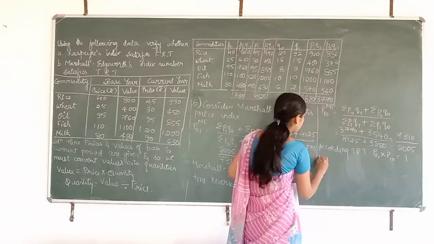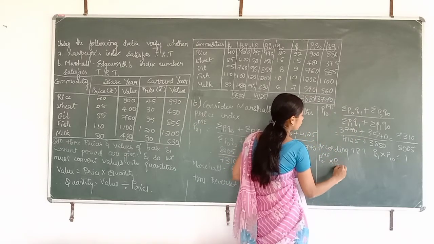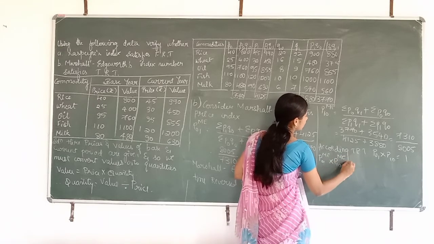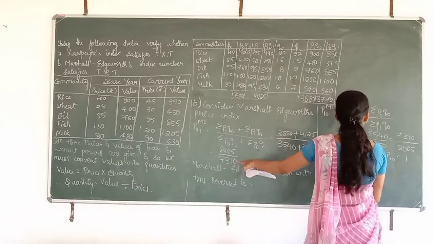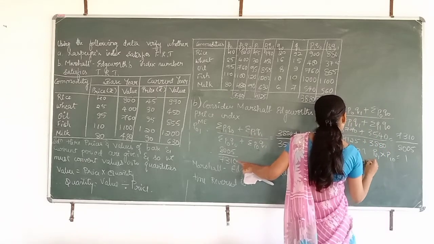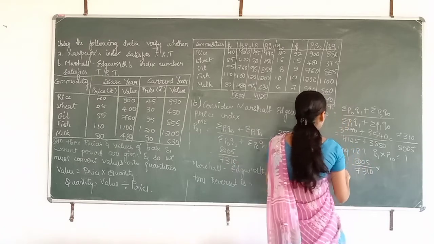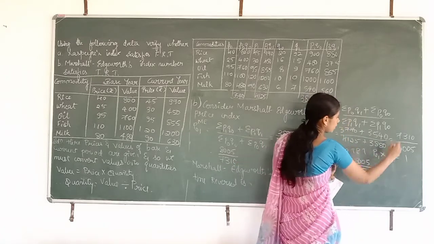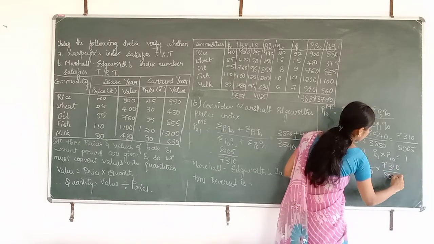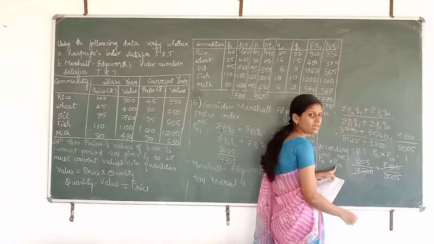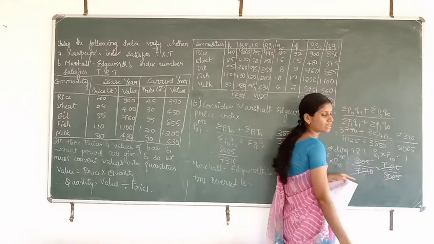So here P01 of Marshall-Edgeworth into P10 of Marshall-Edgeworth is equal to, P01 is 8005 divided by 7310, into P10 of Marshall-Edgeworth, which is 7310 divided by 8005. Now see, 7310 and 7310 get cancelled, 8005 and 8005 get cancelled.